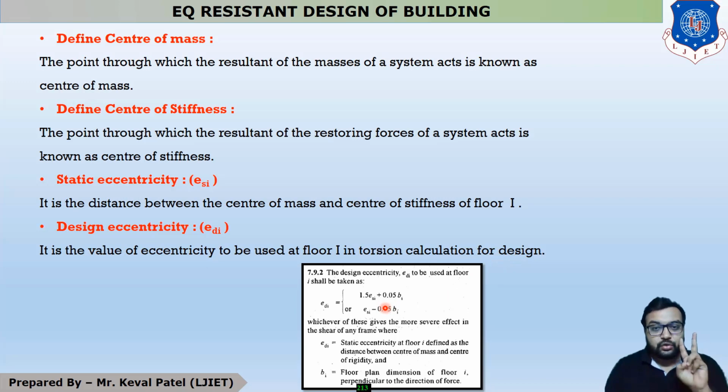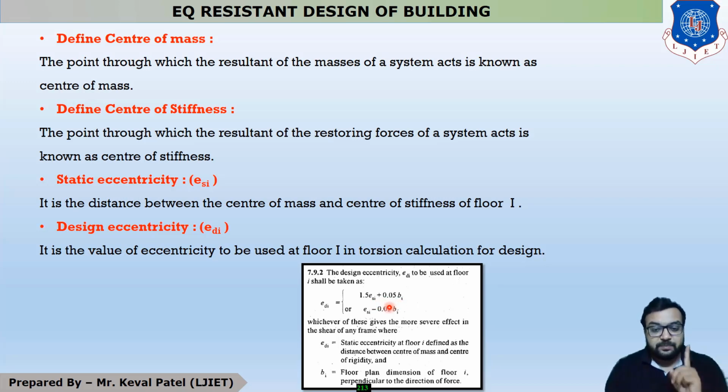There are two formulas to find design eccentricity. The first one is 1.5 esi, where esi means static eccentricity, plus 0.05 bi.